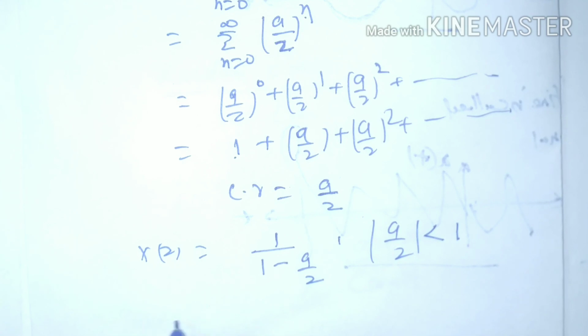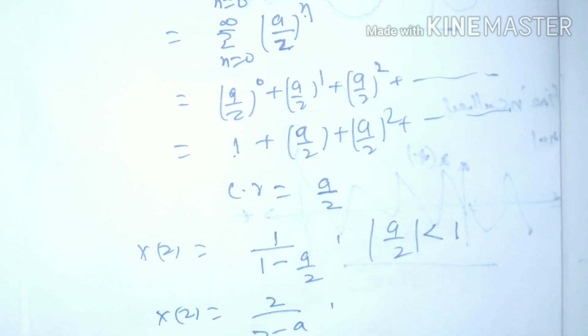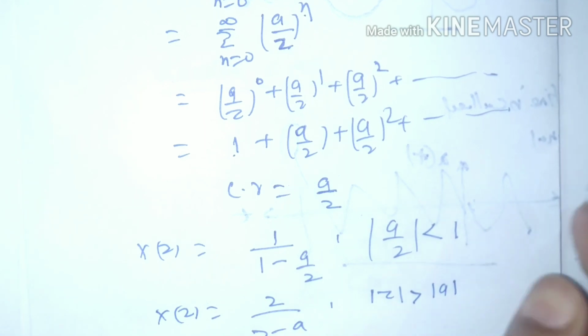If we rearrange this term, then we will get z divided by z minus a, where modulus of z should be greater than modulus of a.